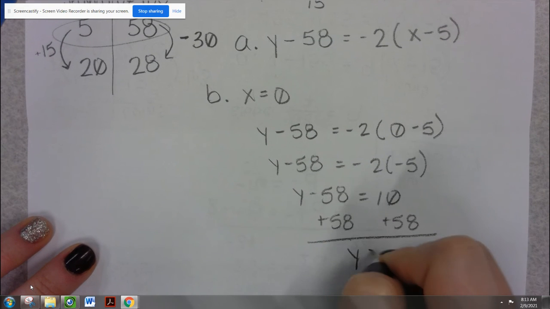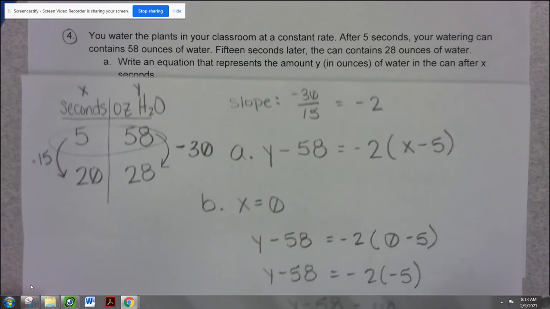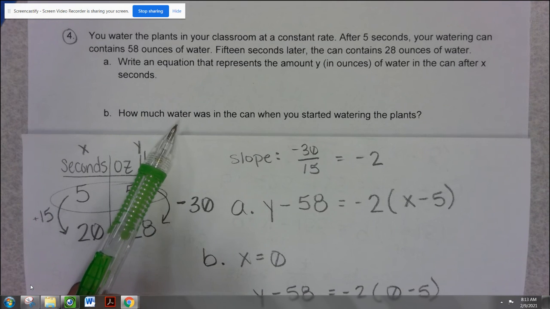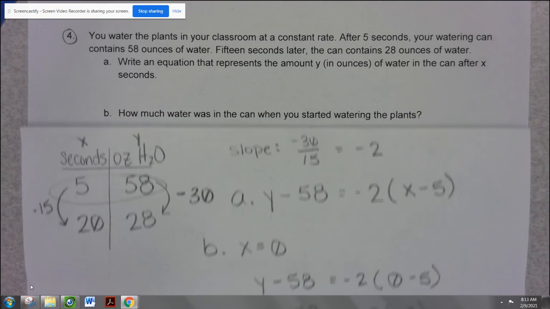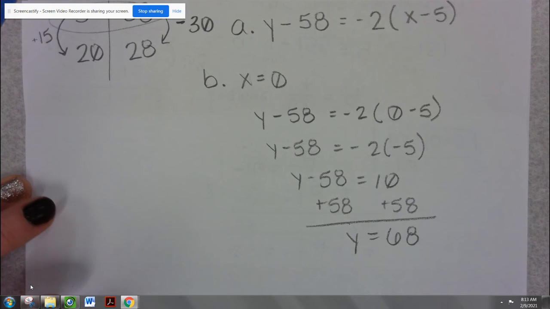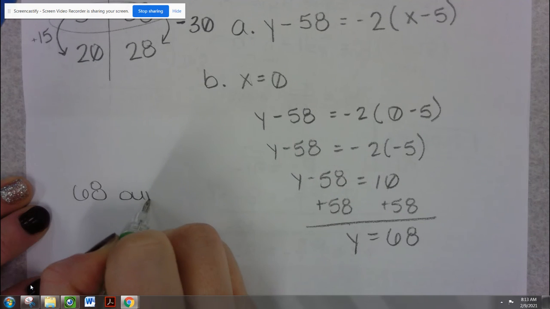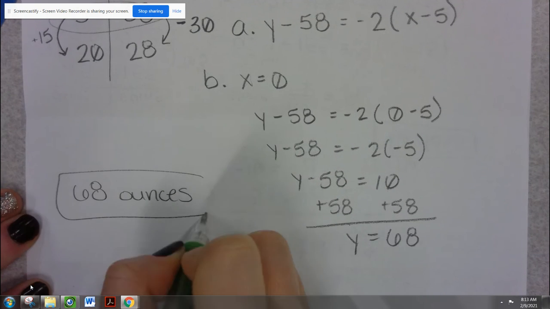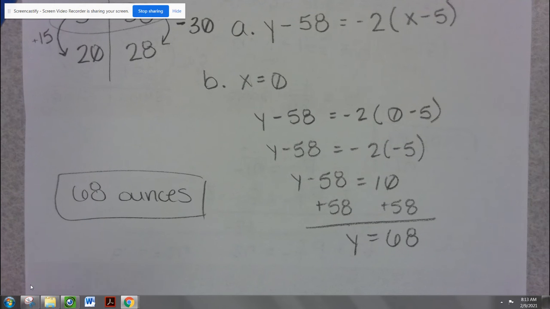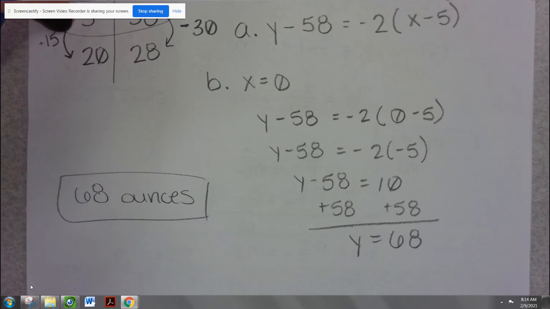So this is y being equal to 68, which means the answer to part B, since it's asking how much water was in the can, and I'm answering these in word problem form, everything has to have units. So I would say 68 ounces. I would not write y equals 68 as an answer for this question.